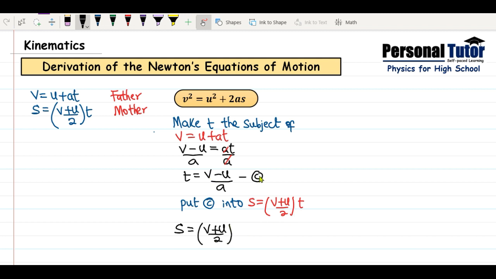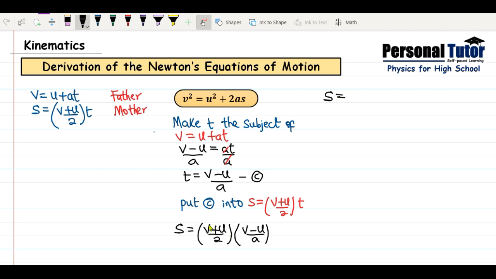And t is now the equation C, which was formed from the further equation. And that will be v minus u all over a. This calls for expansion. So we need to be very fast on it.